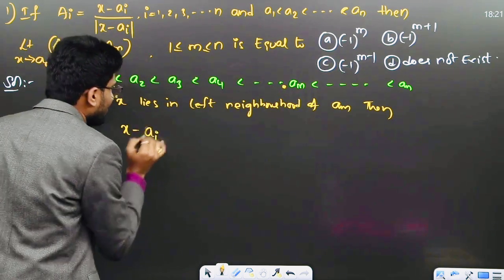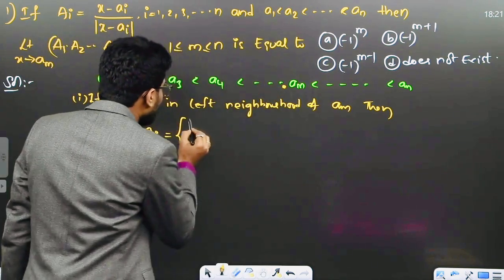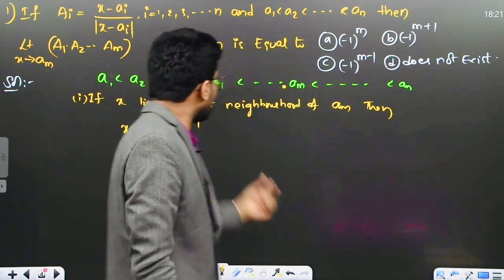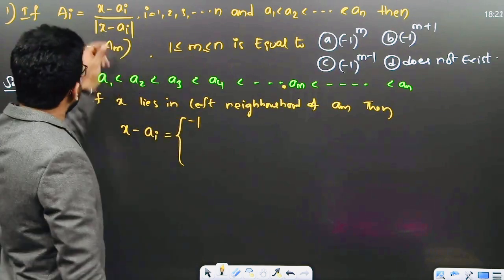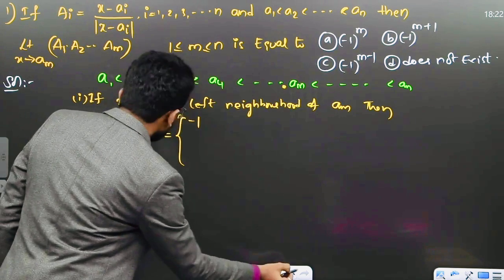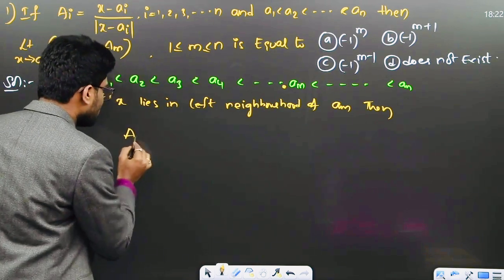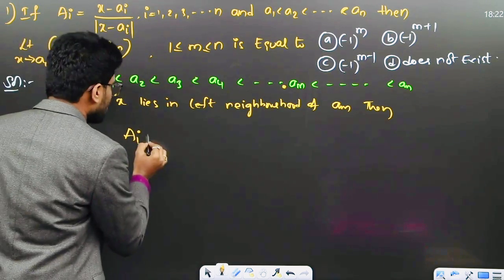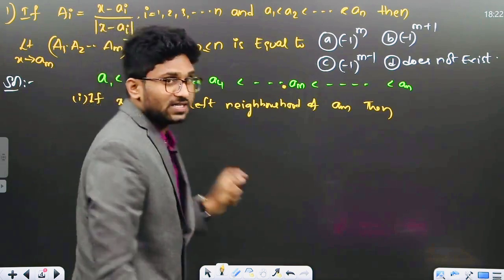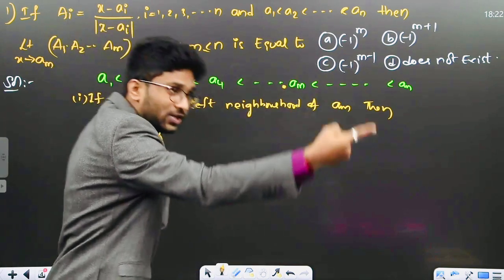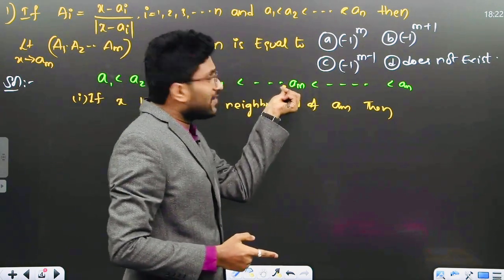Then what happens now? Here we have A_i equal to (x minus a_i) divided by mod of (x minus a_i). Now this x minus a_i will be negative for i equals m, because x lies in the left neighborhood of a_m.